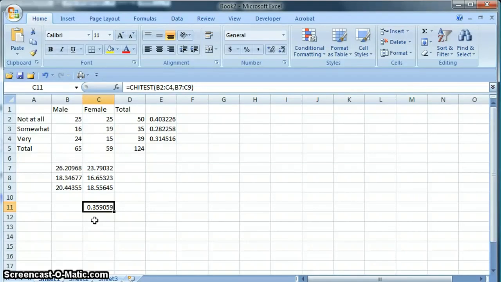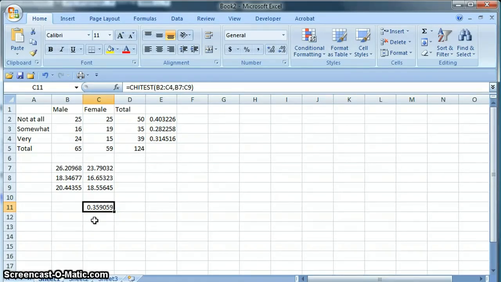If it is greater than 0.05, we do not have enough evidence to say that males and females are different in the target population. And that is what has happened here. The number we generated, 0.36, is more than our target, which is 0.05, meaning we do not have enough evidence here to say that males and females are different in the target population.